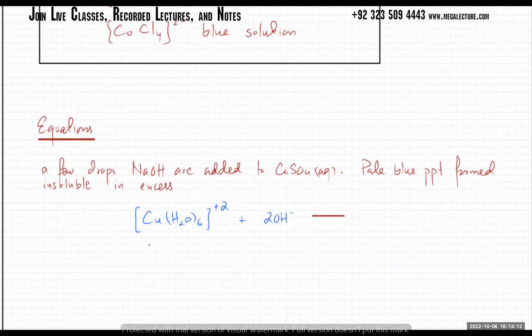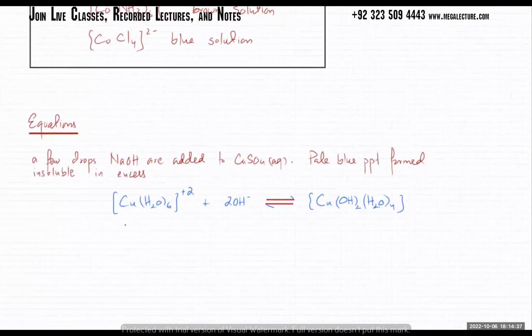So here there's going to be a reversible reaction. So 2 OH, and we'll have 4 water molecules, and 2 water molecules are going to get knocked out.